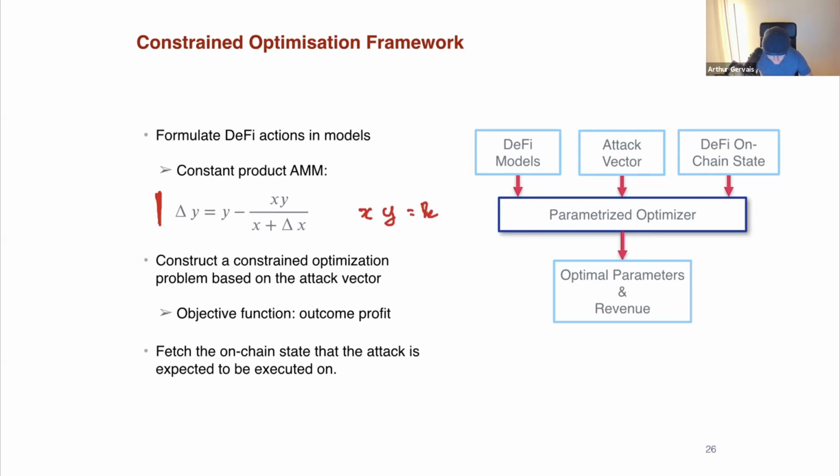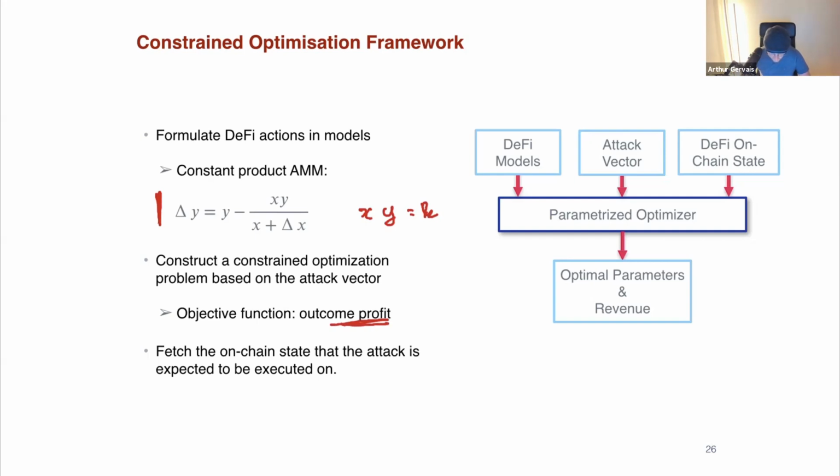And we can then construct a constrained optimization problem based on the attack vector that we know. We show this in the next slide. The objective is really to maximize the outcome profit. We have a clear objective, which is objectively measurable.